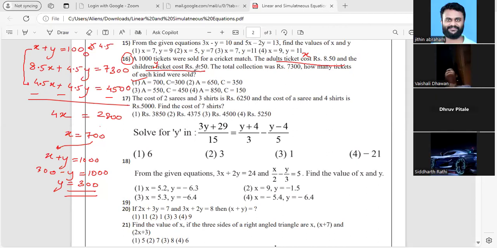Sir, we can also do this with trial and error method, right? Yeah. All kinds of equations are actually possible by trial and error method.